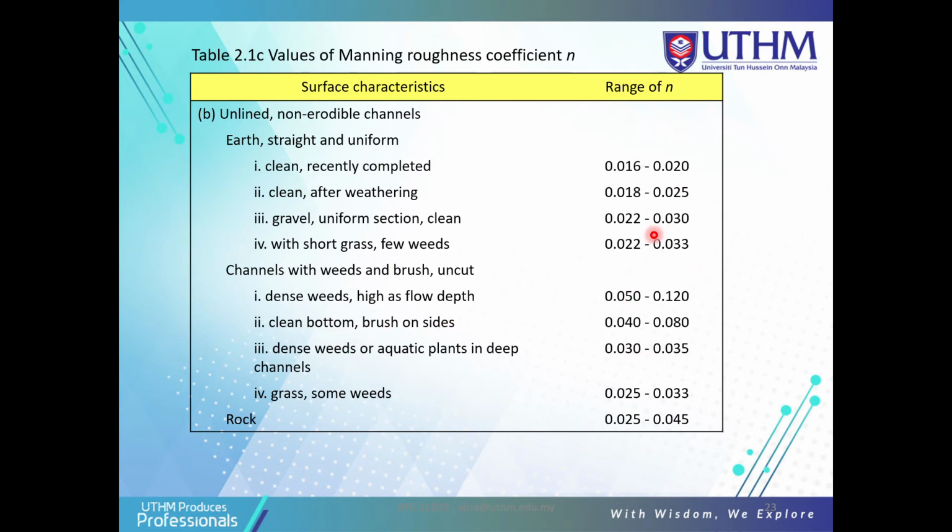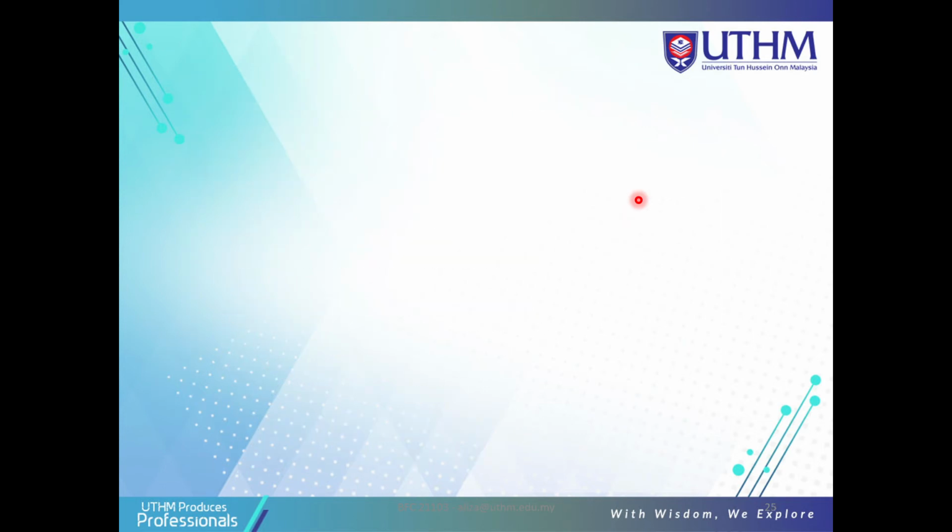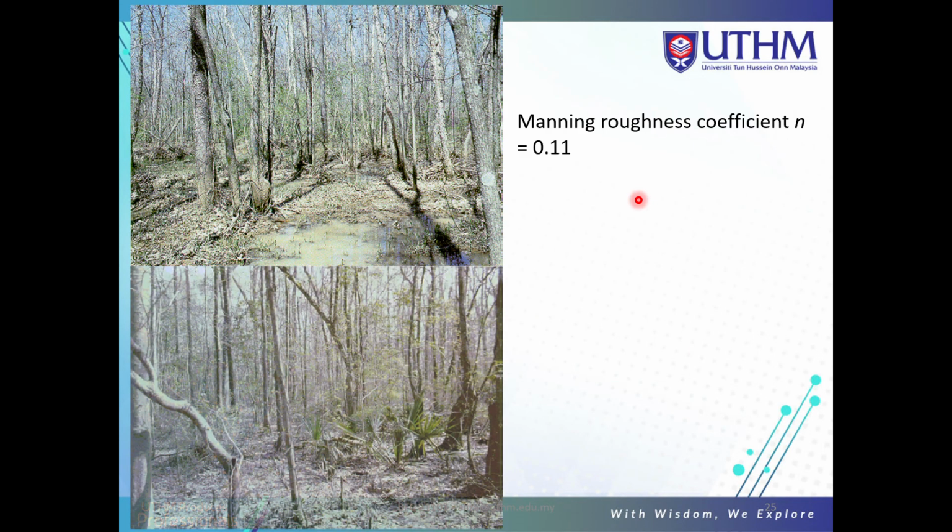For your calculations in your questions, the n is always given in the text. If the n is not given, you must refer to this table to get the Manning roughness coefficient. So don't worry, the value of n is always given in your final or in your test.